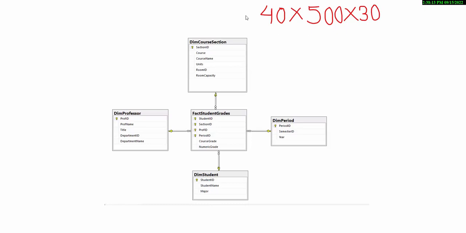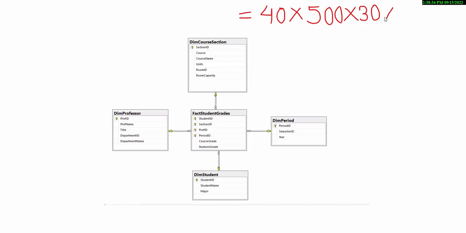That is how many rows would be needed over the next 10 years in the fact student grades table. We'll start with how many students per section, how many sections we are going to have in any period or semester, and how many periods we have.